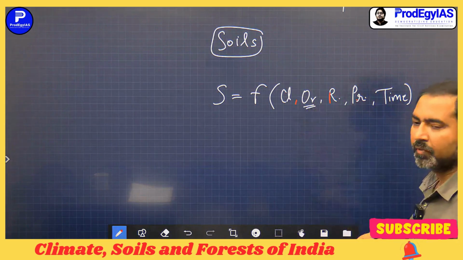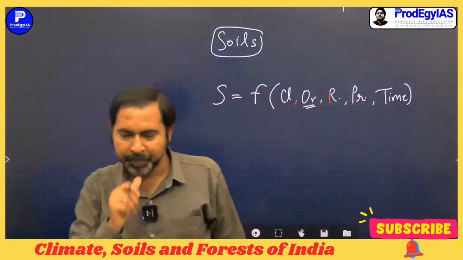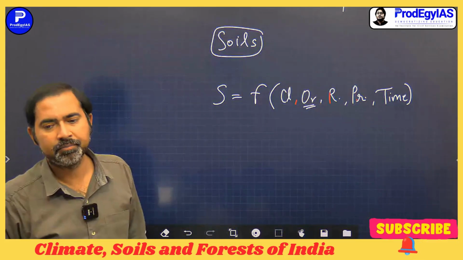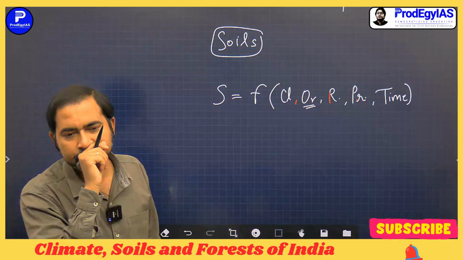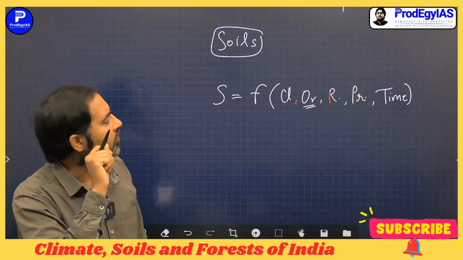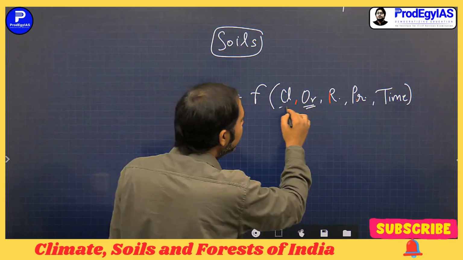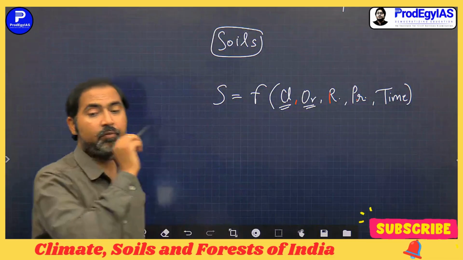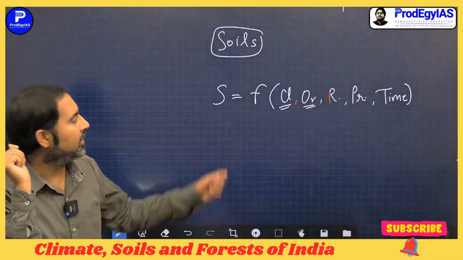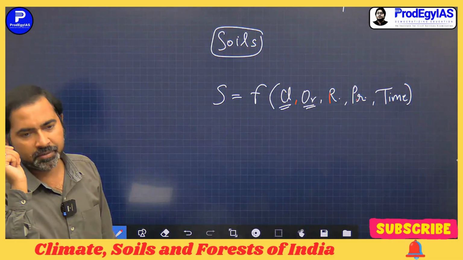Vegetation is organic material, right? Not only vegetation, even dead organisms, dead animals, dead vegetation, they all are included in this organic material. So climate is the first and foremost deciding factor in soil formation.